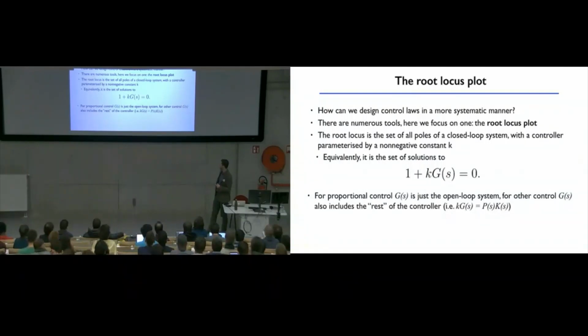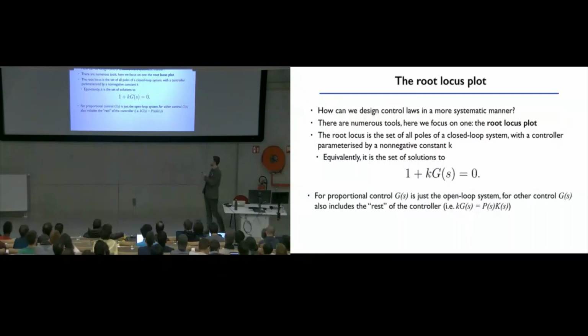And so what this is, it's a plot of all of the closed loop poles that you get that are parameterized by some constant within some controller.